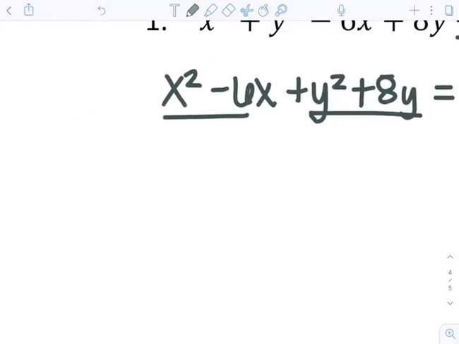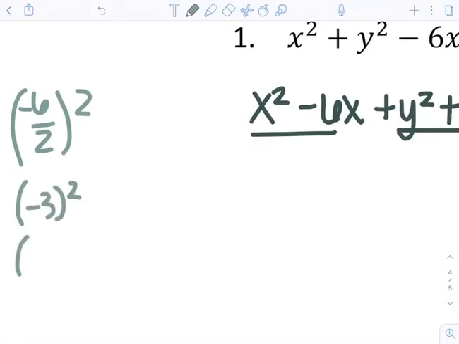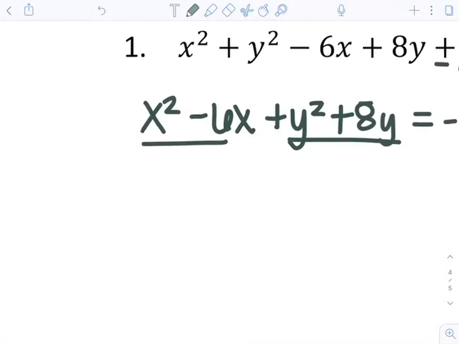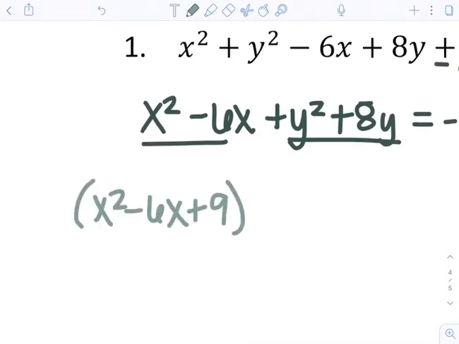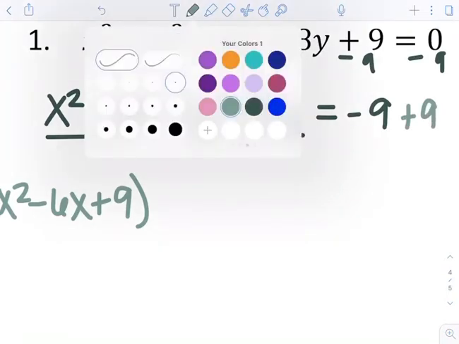So for the x, I have to divide the negative 6 by 2 and square it. So that gives me 9. So I'm going to get x squared minus 6x plus 9. I'm going to add it next to the 6, and then I have to add it to the other side of the equation. Now I'm going to do the same thing with the y's.